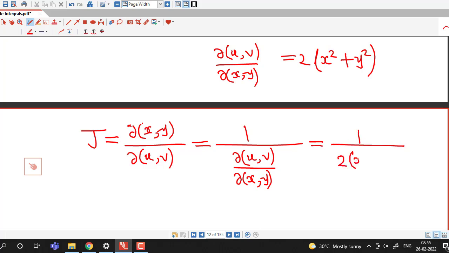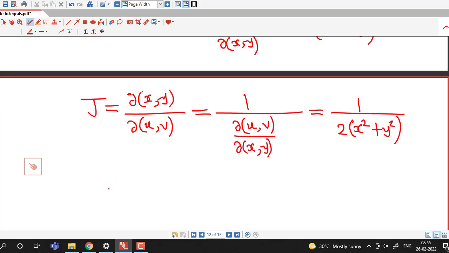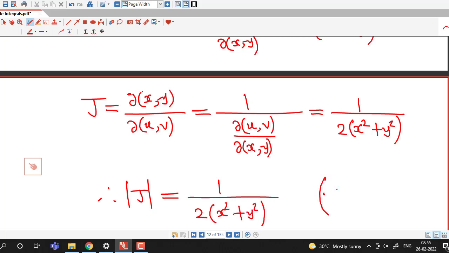So it is 1 over 2 times (x square plus y square), and because x square plus y square is always non-negative, the absolute value of the Jacobian is also 1 over 2 times (x square plus y square).